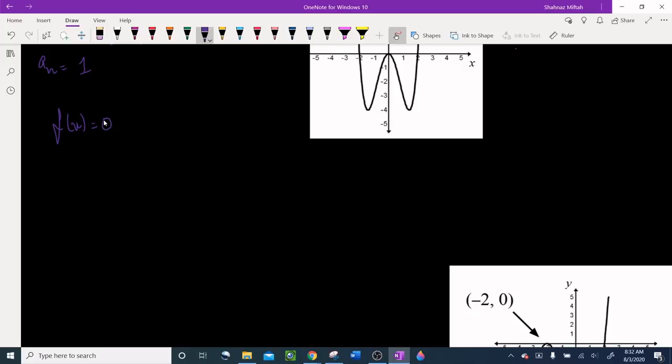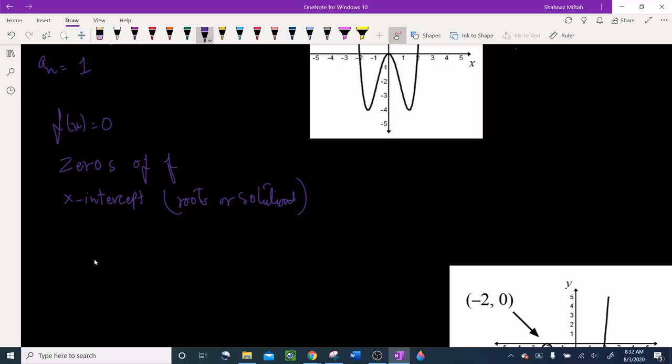A real root of the polynomial equation appears as an x-intercept of the graph of the polynomial function. So zeros of the f function means the x values, like the x-intercepts. You can also call them roots or solutions. I'm just showing you different vocabulary words.